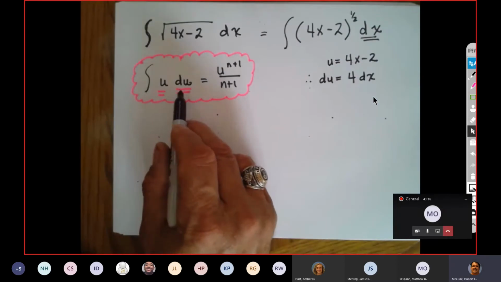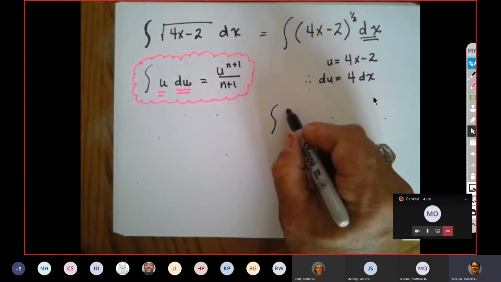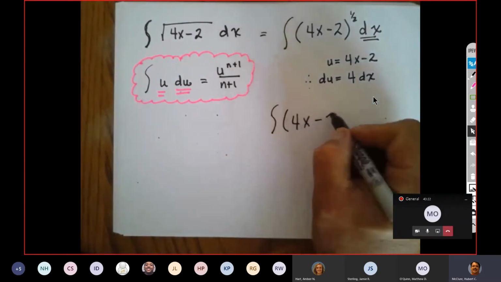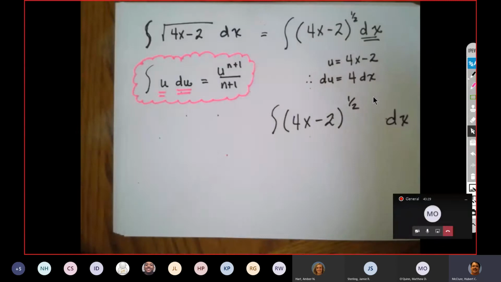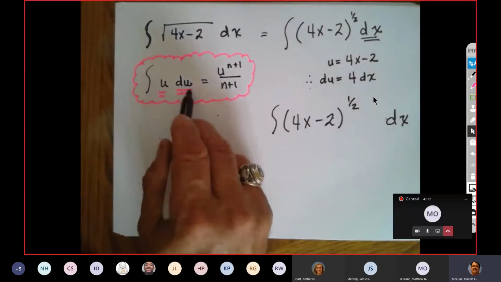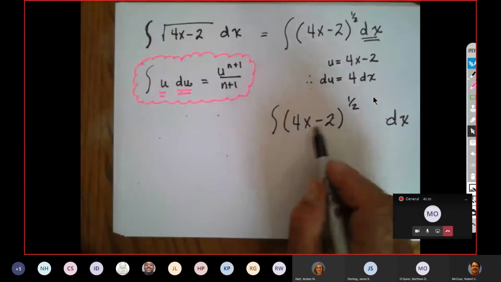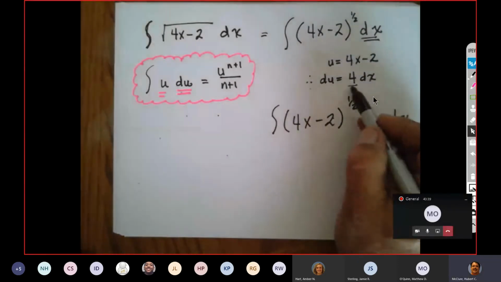So I'm going to rewrite this. I'm going to put 4x minus 2 to the 1/2 power, and then put dx out here, a little space here. Okay, if I want this to be u to the n, there's u. If I want this to be du, I got to have a what in front of that dx?